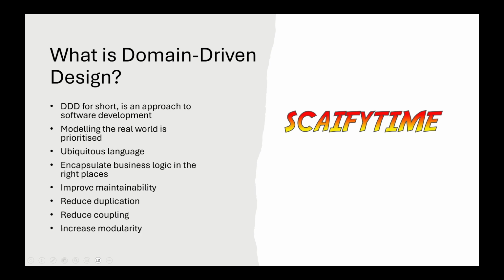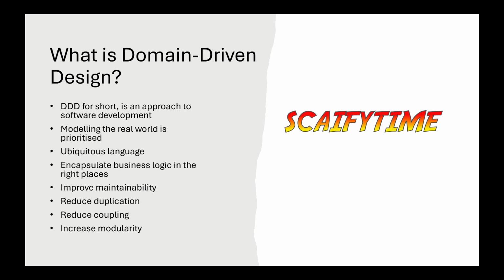So now that we've gotten that out of the way, what exactly is domain-driven design? DDD for short, it is an approach to software development that prioritizes modeling the real-world domain that the software serves instead of starting with technical concerns like databases or frameworks.